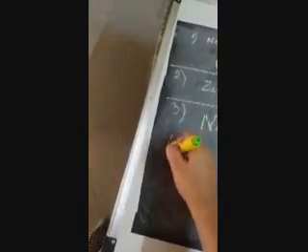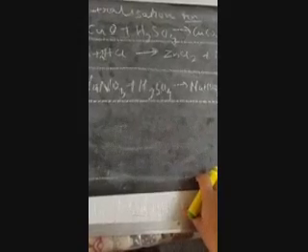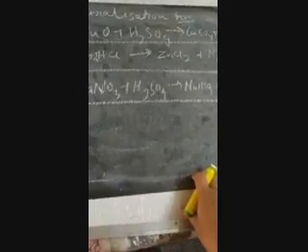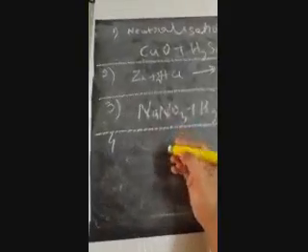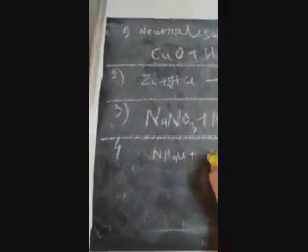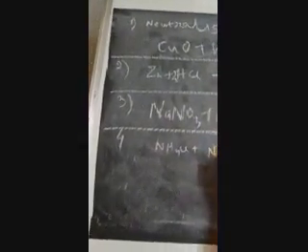Next is your chemical properties of the bases. One is that the alkali reacts with ammonium salt on heating to liberate ammonia, like ammonium chloride with alkali.